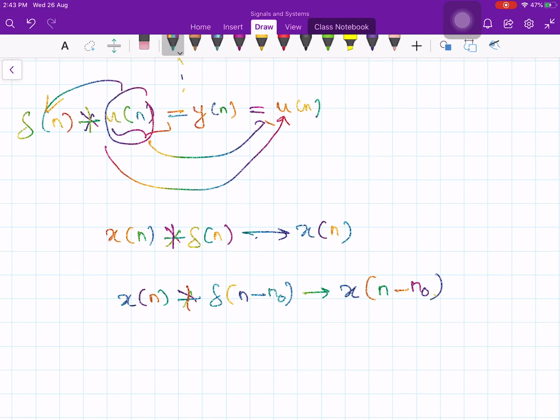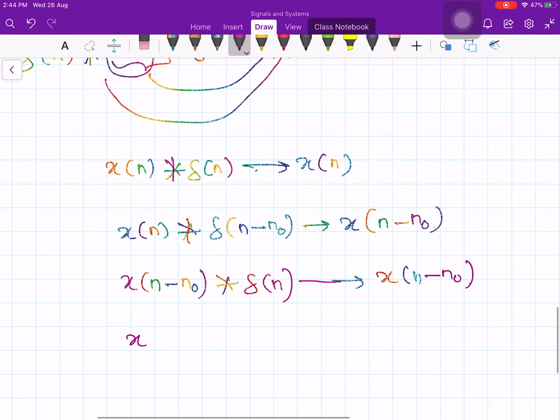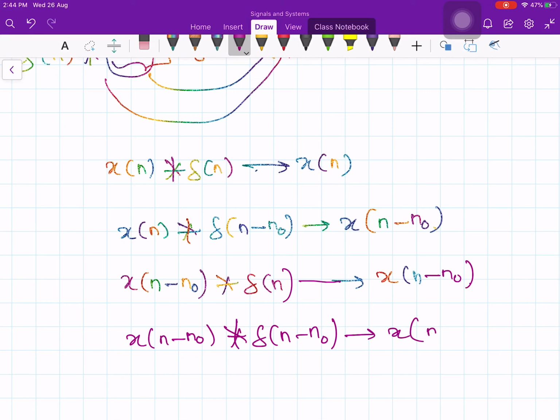Or you take x of n minus n naught convolved with del of n minus n naught, then it leads to x of n minus 2 n naught. The arguments are added, this one and this one.